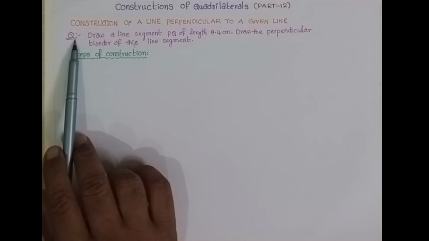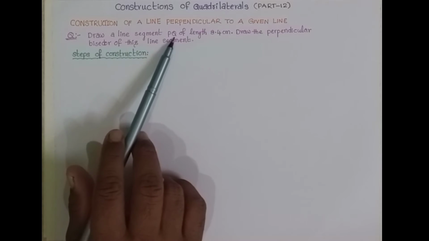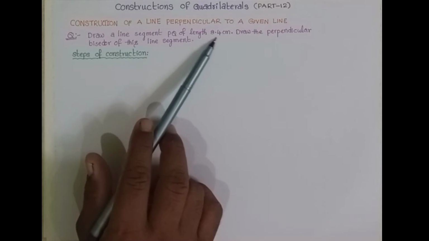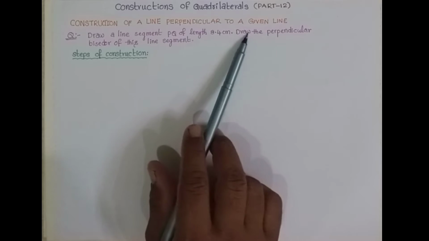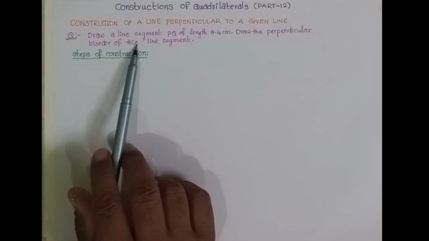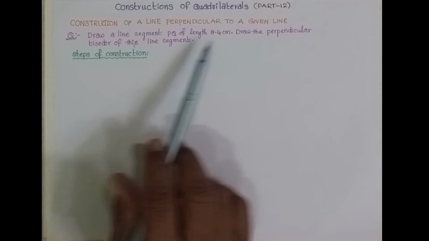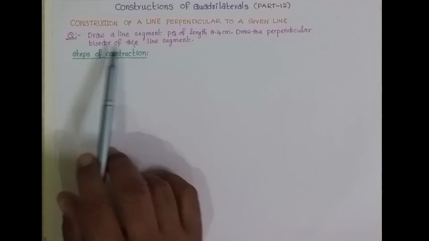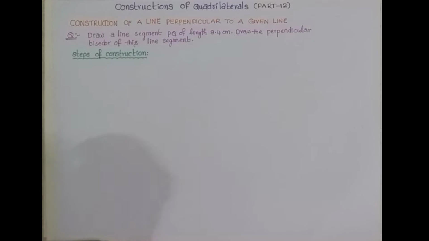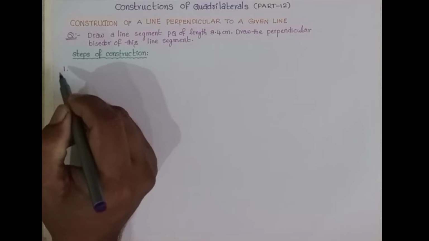Consider the question. Draw a line segment PQ of length 8.4 cm. Draw the perpendicular bisector of this line segment PQ. Step 1.